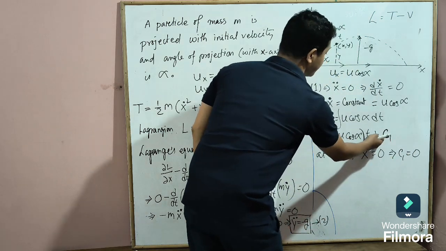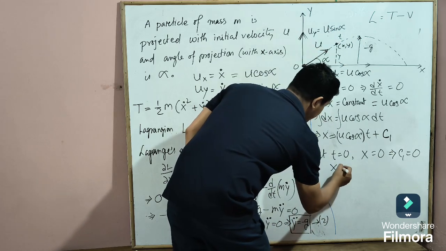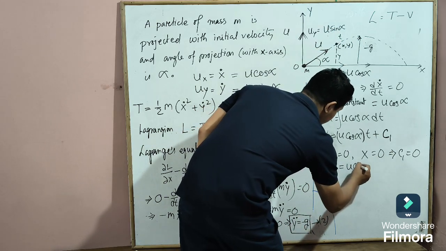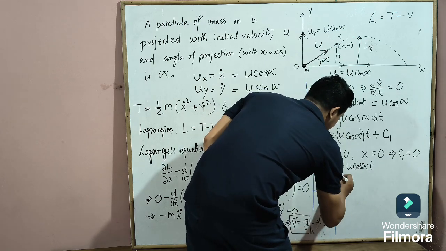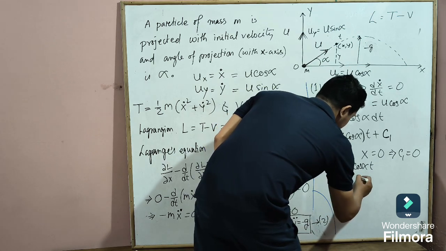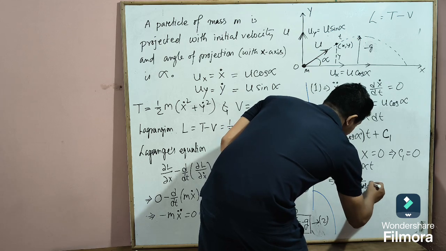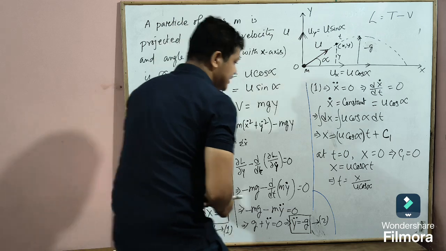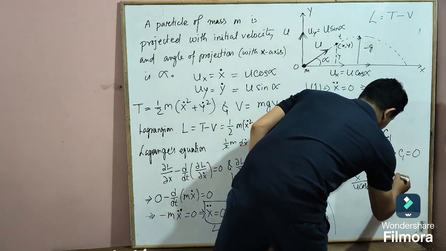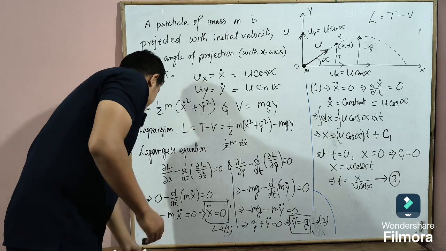Now put the value of c1 here, then we're going to get x is equal to u cos alpha into t, which implies that t is equal to x by u cos alpha. That's what we're going to have. Let me take this as equation number 3.